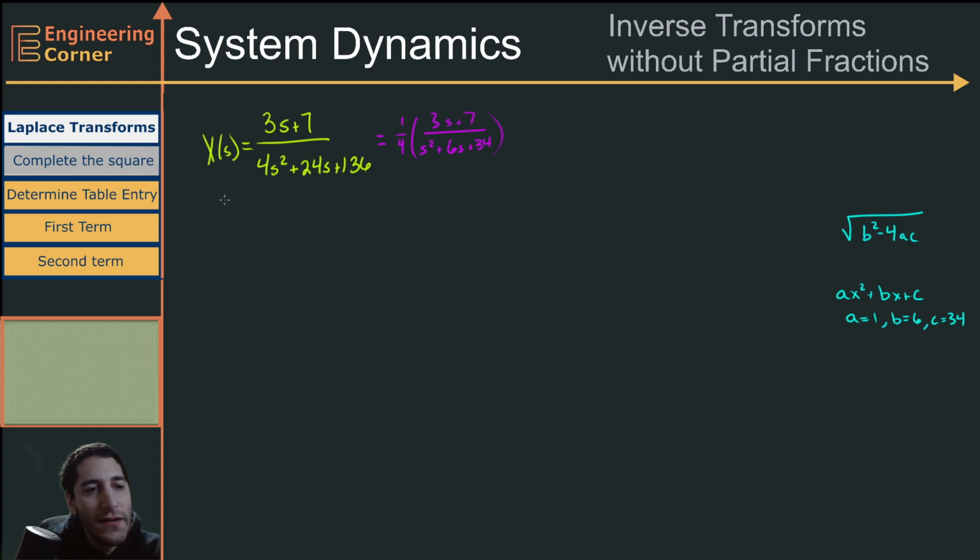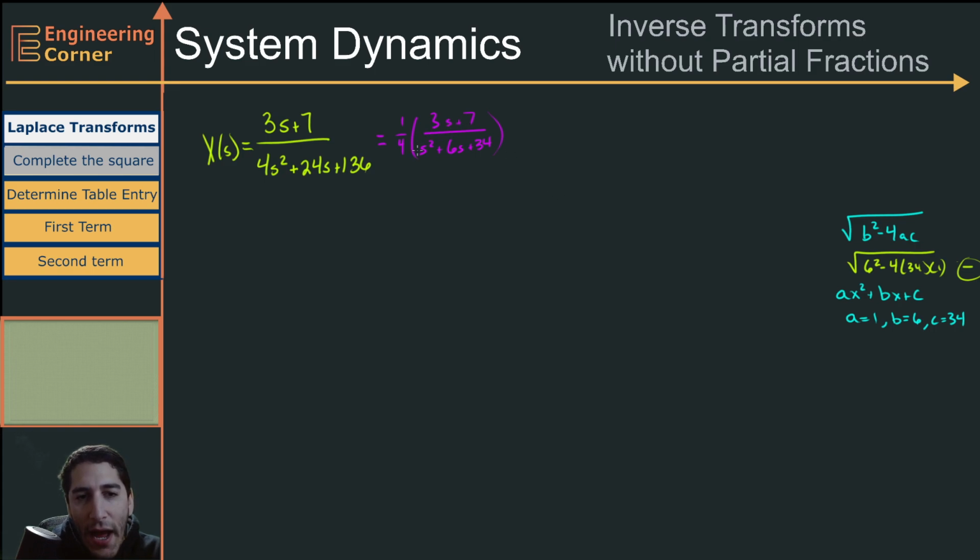If I put that into this expression, I get 6 squared minus 4 times 34 times 1. I don't even need to compute this. I know that this is going to come out to be a negative number. That negative number means it's imaginary.